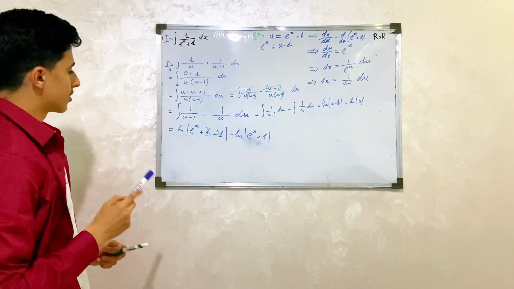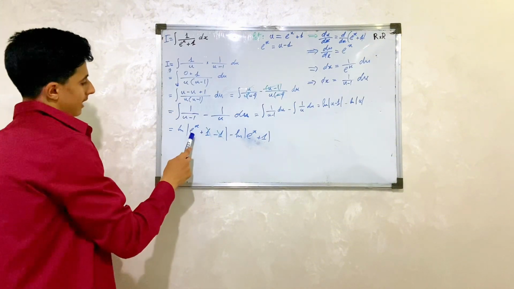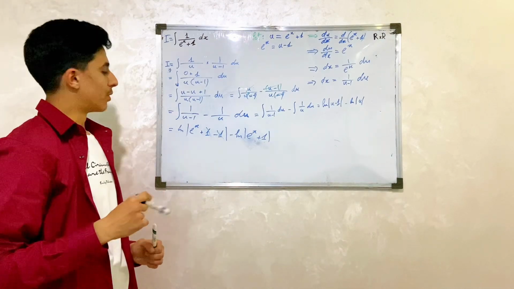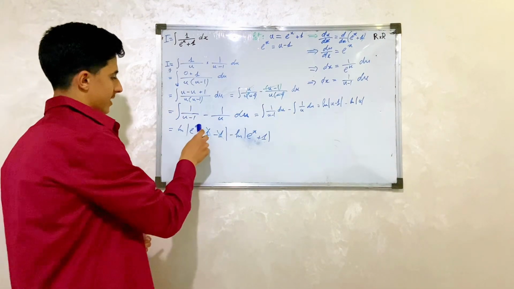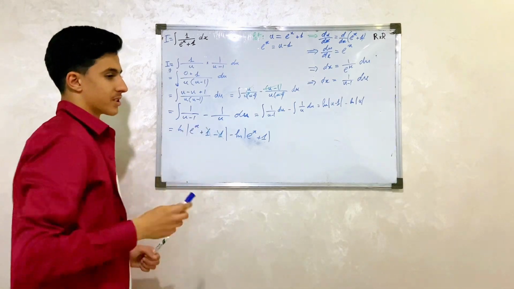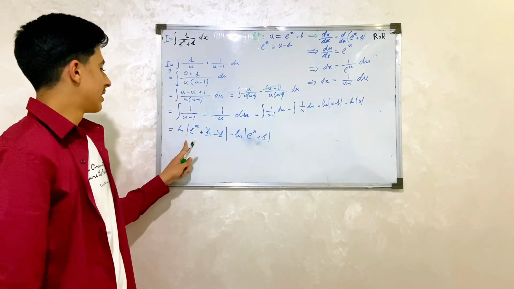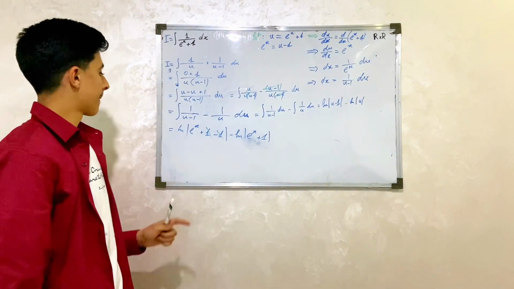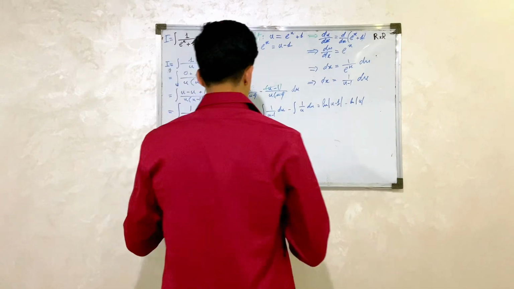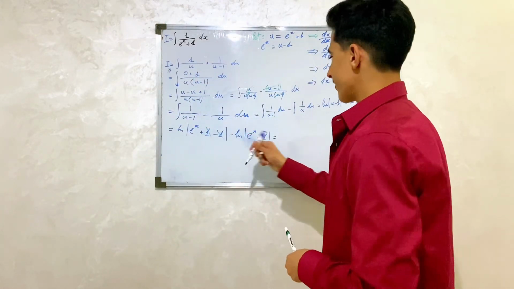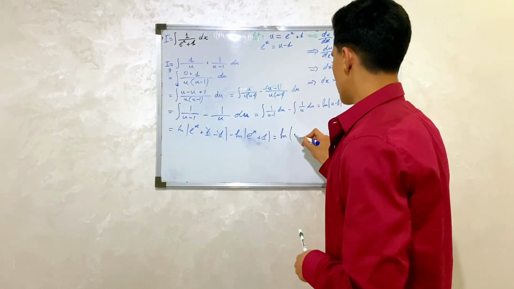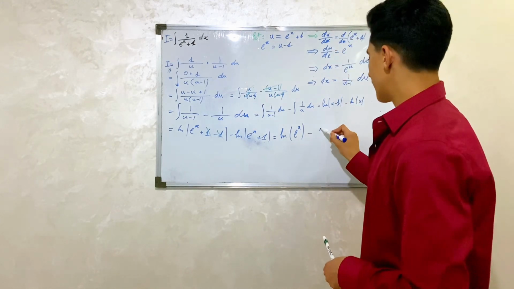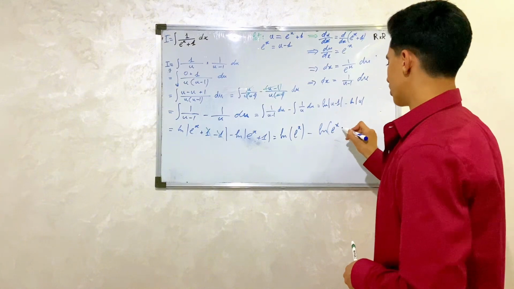So let's first note a few things. E to the x, we know that for any real number, it's positive. If x is a real number, e to the x is positive. So we don't really need these absolute values. Let's get rid of them in the next step. This is the natural log of e to the x minus the natural log of e to the x plus 1, and just rewrite it as this.